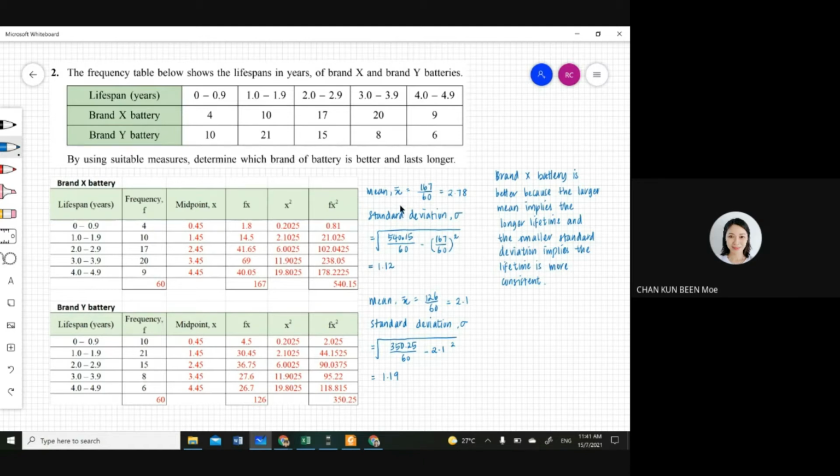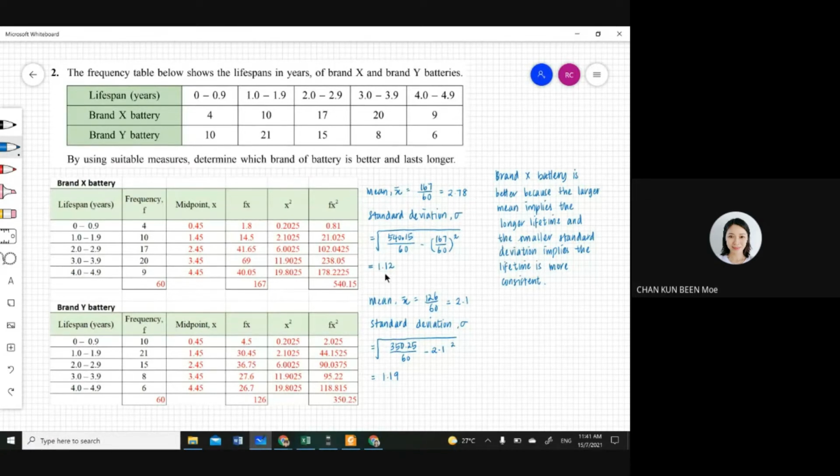From battery X, we found the mean is 167 over 60, which is 2.78. But there are more decimal points at the back. So the standard deviation will be 540.15 divided by 60 minus the mean squared. We cannot use 2.78 because this is not the exact value; we have rounded it off.